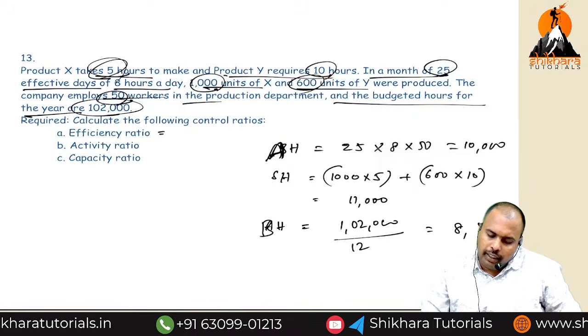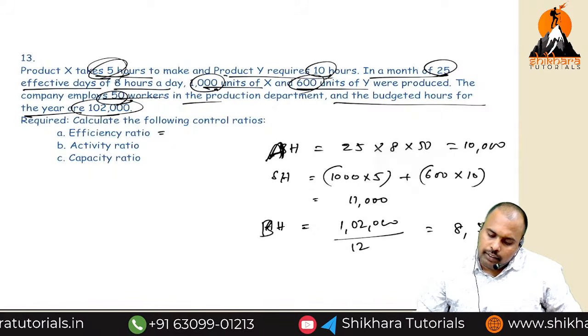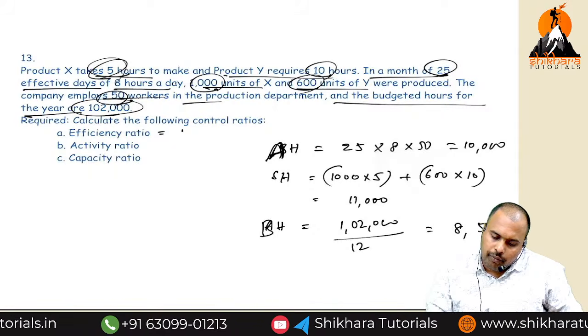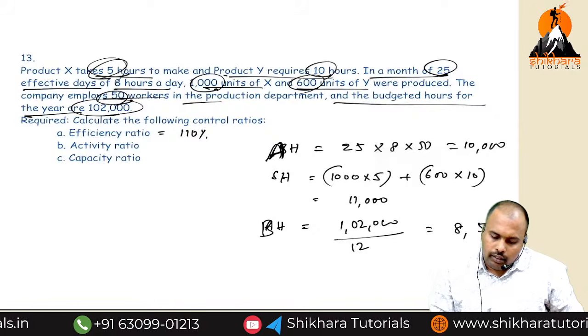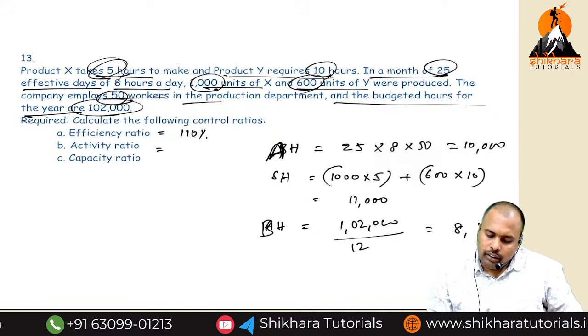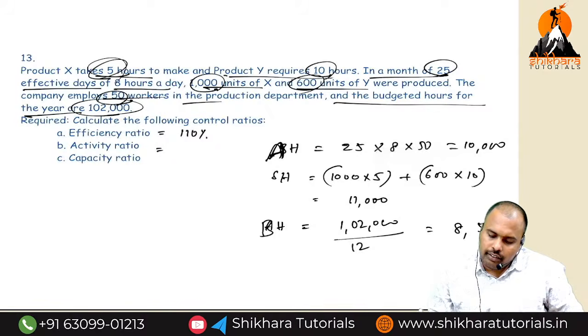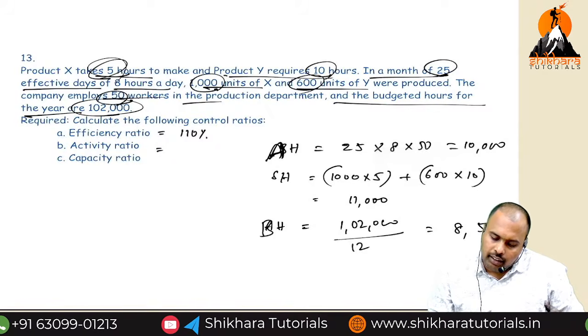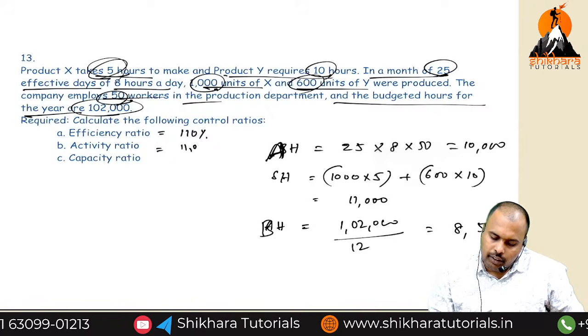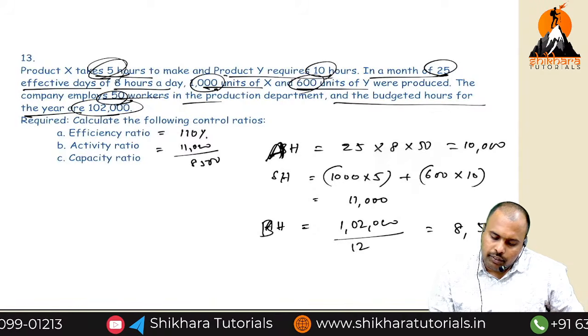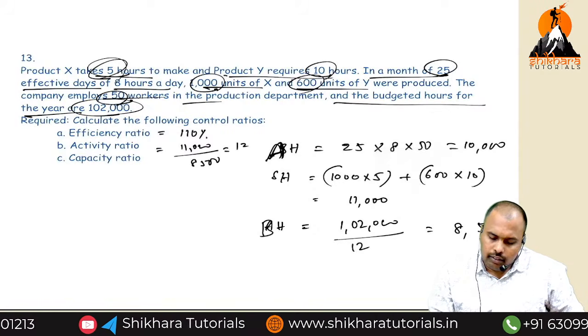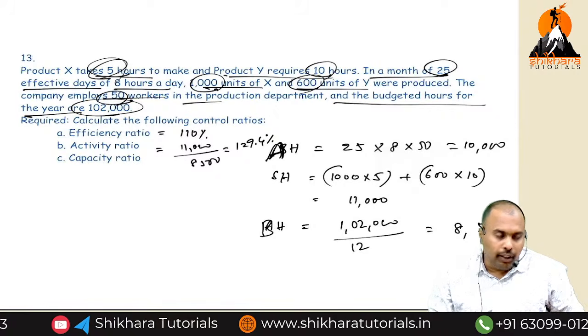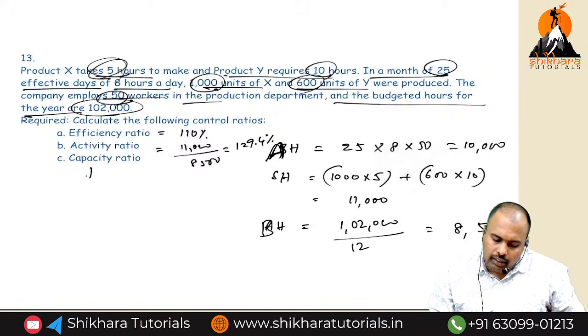Now, what is the efficiency ratio? Efficiency ratio has to be SH by AH. So it has to be 110%. Now, what is activity ratio? SH by BH. 11,000 by 8,500. 11,000 divided by 8,500, 129.4%. Now what is capacity ratio?